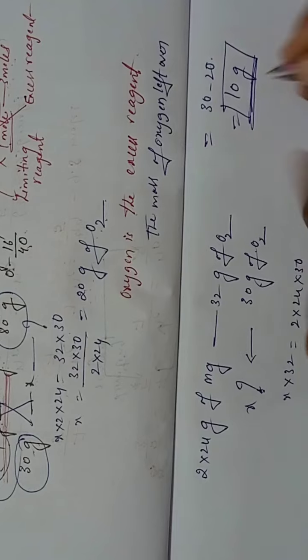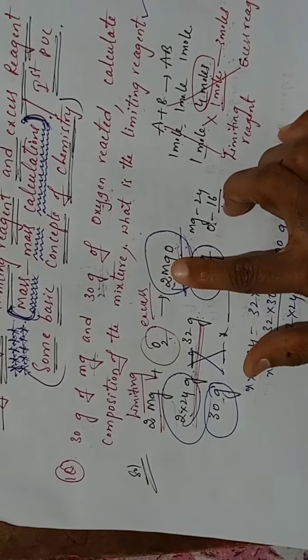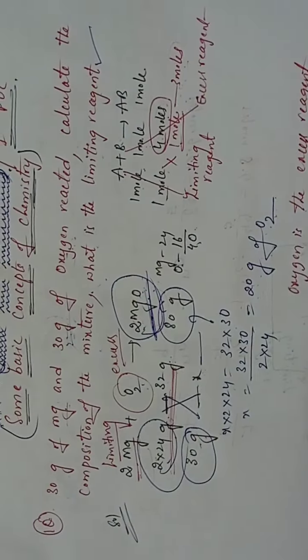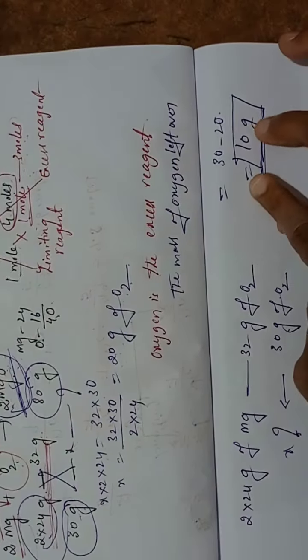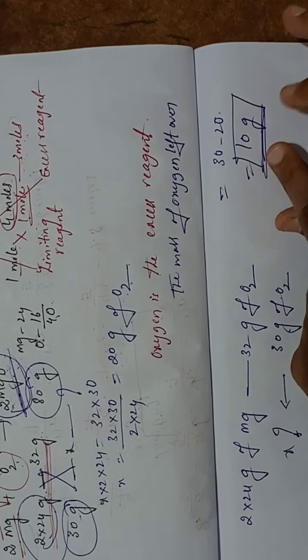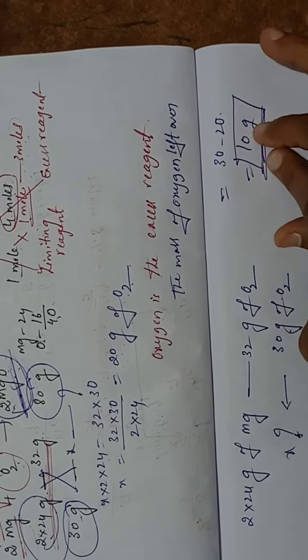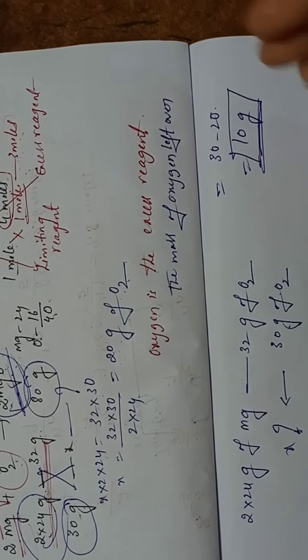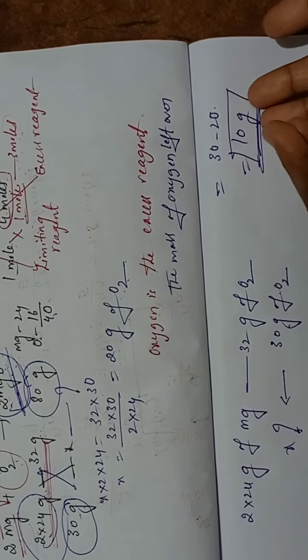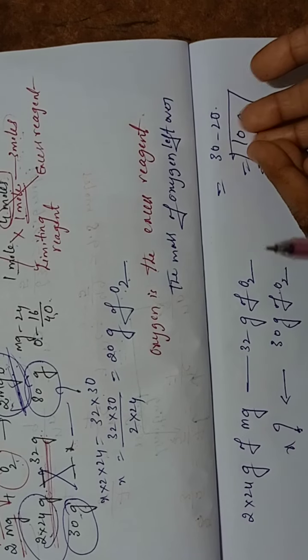That means along with this product, magnesium oxide, 50 grams of magnesium oxide, plus this oxygen which is in excess, this 10 grams of oxygen is also present along with the product. Are you clear on this one? Because it is in excess, it is not consumed in the reaction and does not react with the magnesium.